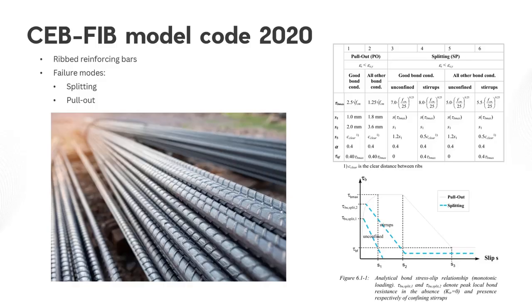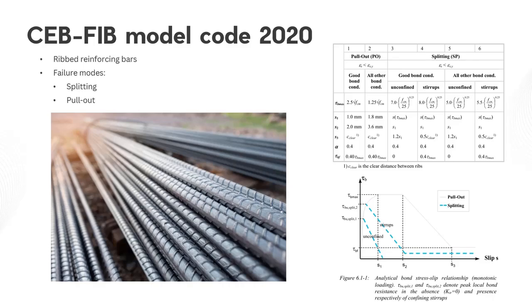Based on that, the concrete mostly splits off, not pulls out. Regarding the mechanism, the bond stress generates radial stresses. These stresses cause longitudinal cracks and the concrete tries to split out.